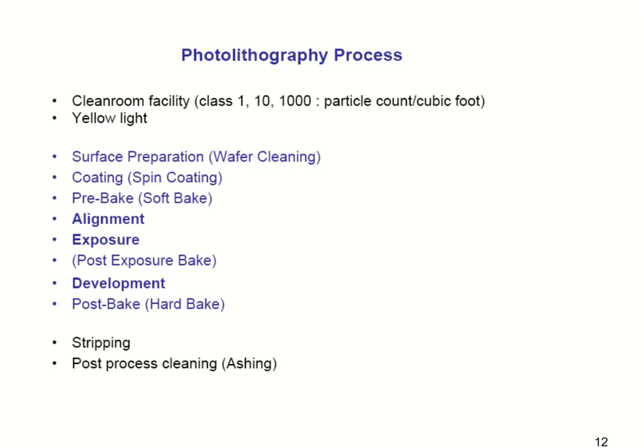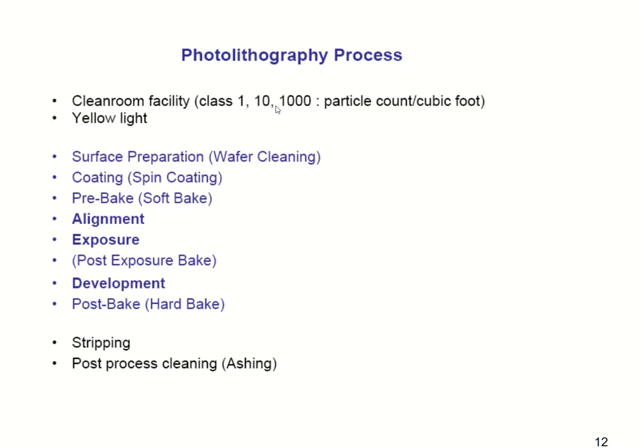Okay. So usually people use class 1 or class 10 for the photolithography process. Class 1 means you have only one particle per cubic foot. So its number becomes small, right? We just use 1 or 10 or 100 or 1,000, but the number is getting larger.